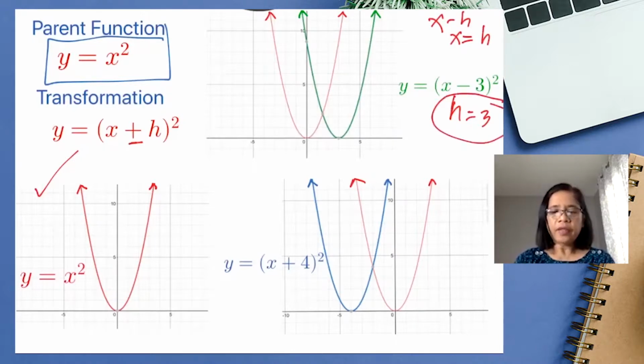So look at the red graph. The red graph is y equals x squared. When we change this now to x minus 3, the quantity squared, the graph is shifted 3 units to the right. So h equals 3 means 3 units to the right.